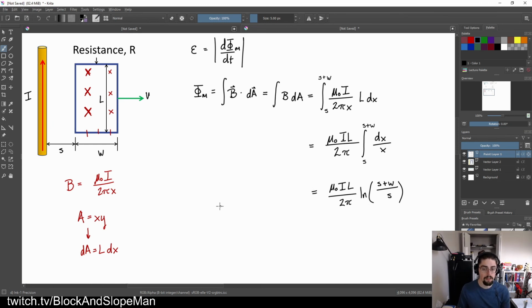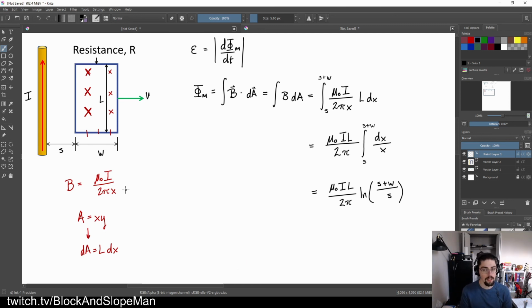Not B. Remember that B is going to be changing, but it's not something that's changing with time. It changes with space, but because the current is not changing, the magnetic field is actually going to be a constant here. You know, it is different for different parts of space, but it's not changing with time.